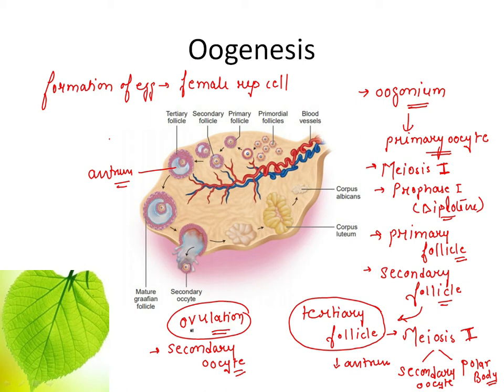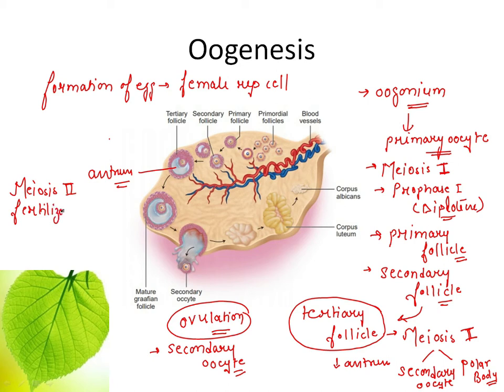Now, the release of ovum, which is called ovulation, is at this stage, secondary oocyte. And meiosis second occurs at the time of fertilization.